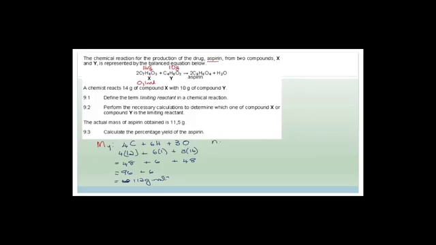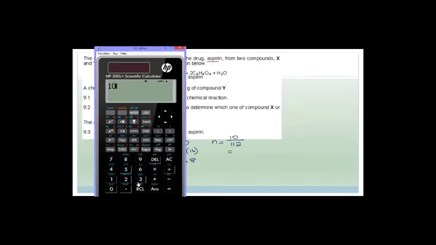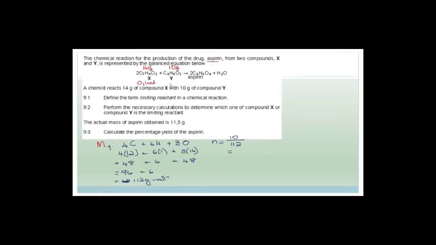So therefore the number of moles, again, is the mass, which is 10, divided by the molar mass of 112. So it's going to be 10 divided by 112, which is 0.09 moles.